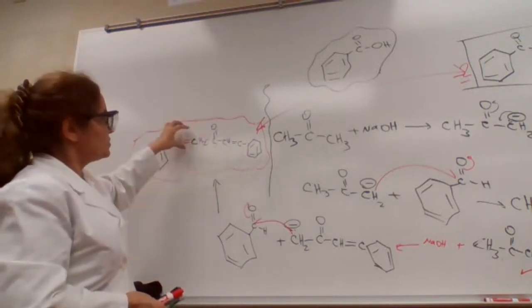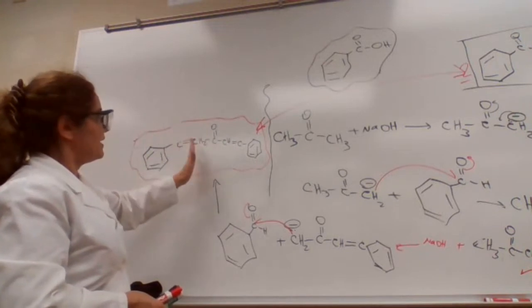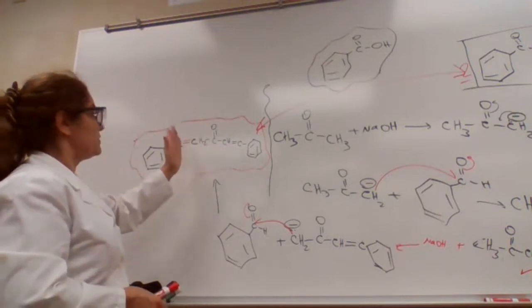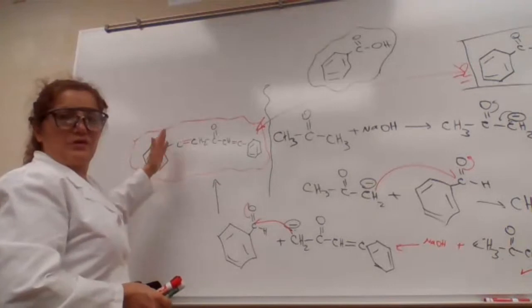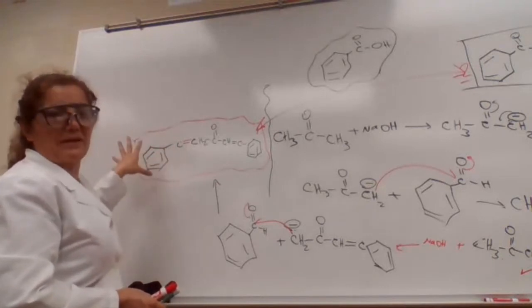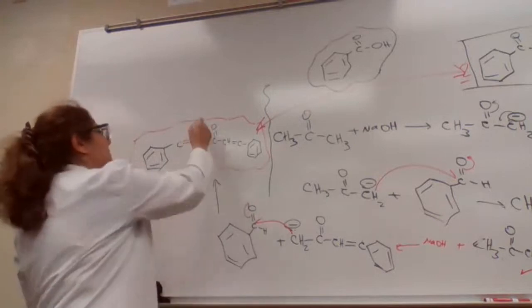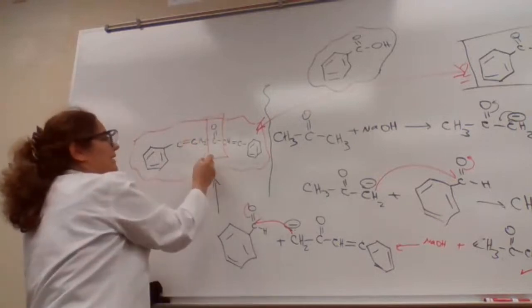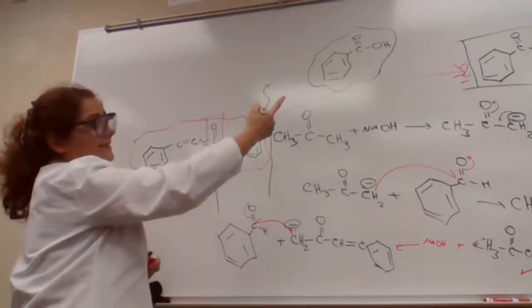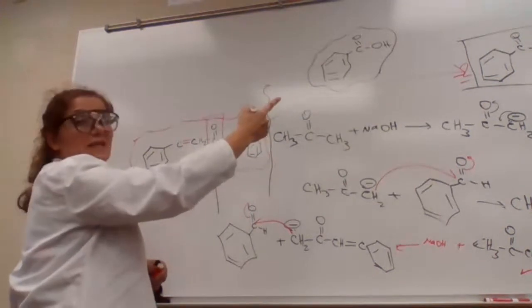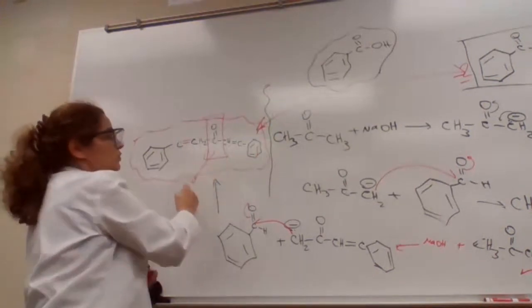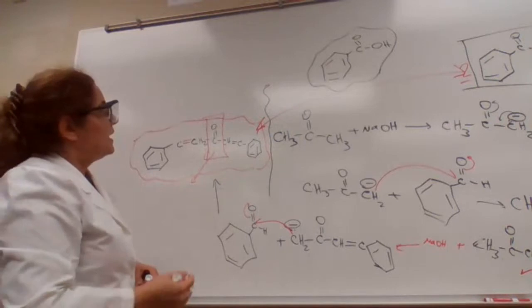The C=O double bond is conjugated on the left side with the C=C double bond, which is conjugated with 3 pi bonds from the benzene ring. So we call this a super conjugated C=O. Your reactant has a conjugated C=O, but your product has a super conjugated one.